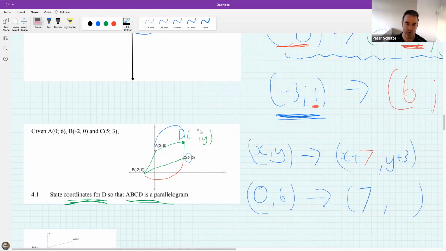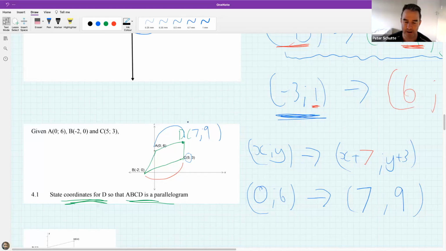For this coordinate here, D is going to be a 7. And then what's the next one going to be? I see you guys are getting it. So this is going to be 9. And you can see that it fits in terms of this drawing over here.